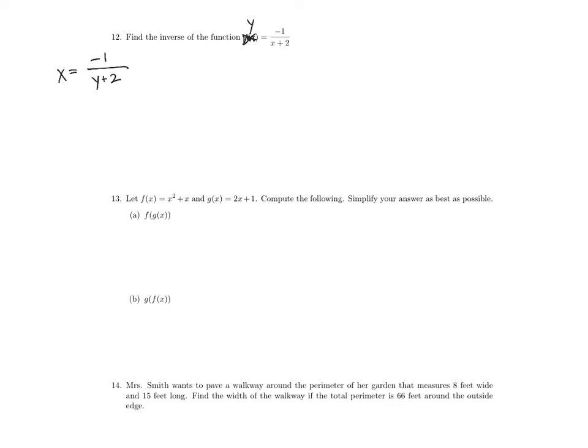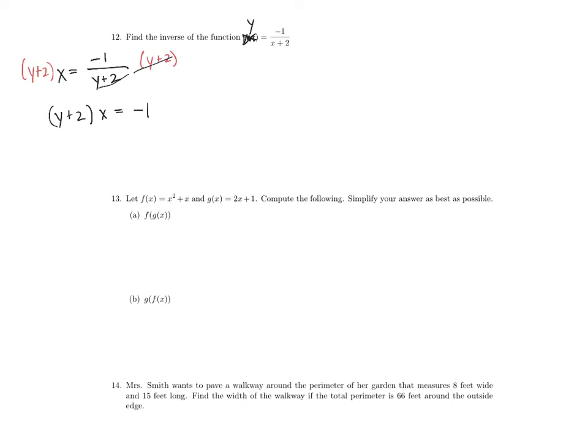So I need to get the y by itself. The first issue is the y is in the denominator. So I'm going to fix that by multiplying both sides by that denominator. So I will have y plus 2 times x is equal to negative 1.